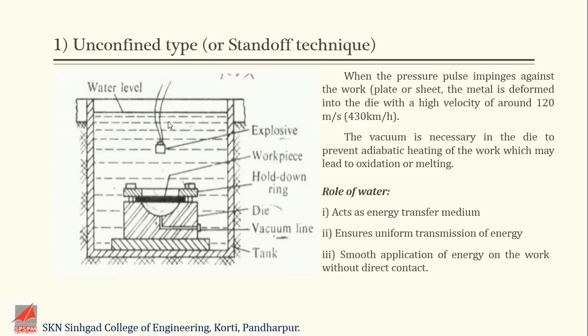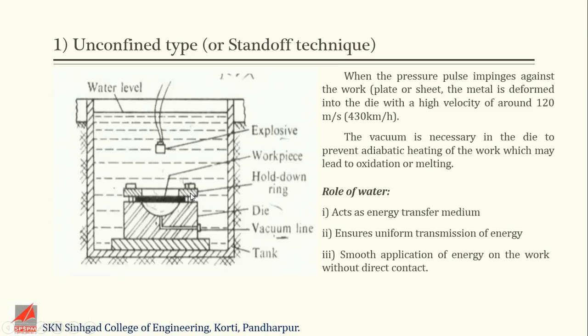You can see the structure of this machine or the structure of this process. One container is there, inside that container water is filled, and at the bottom die is placed. To that die cavity is there, and black color is the workpiece which is firmly supported by using this hold down ring.